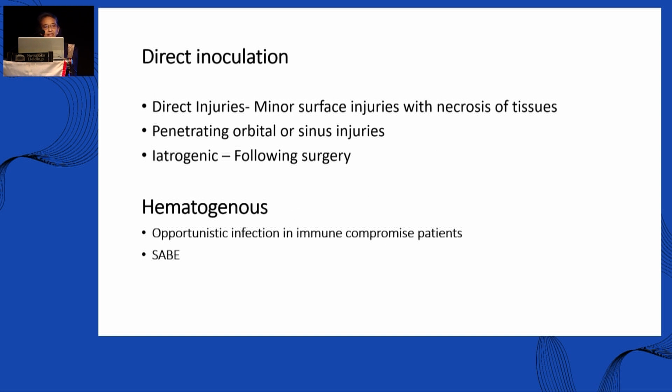Another method is direct injury. It can be even minor surface injuries with necrosis of tissues, penetrating orbital and sinus injuries, or iatrogenic following surgery. It can also be hematogenous, commonly an opportunistic infection in immunocompromised patients, or something like subacute bacterial endocarditis.